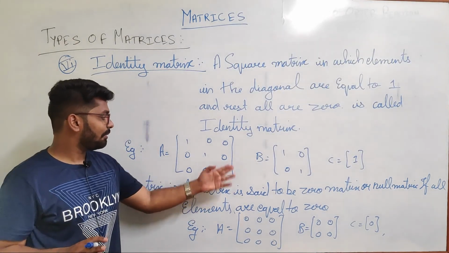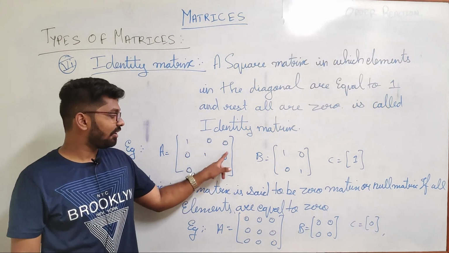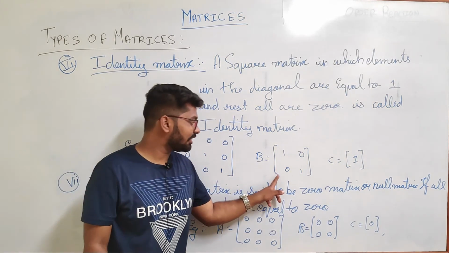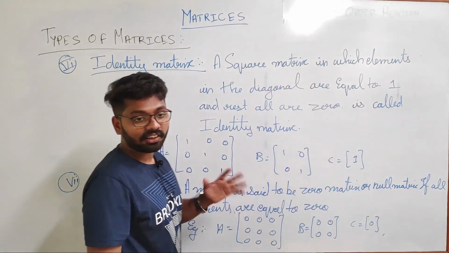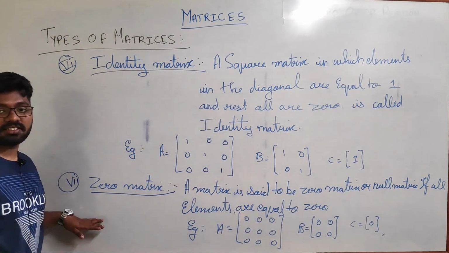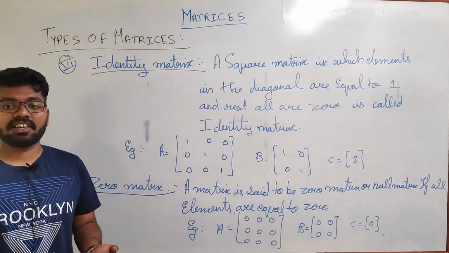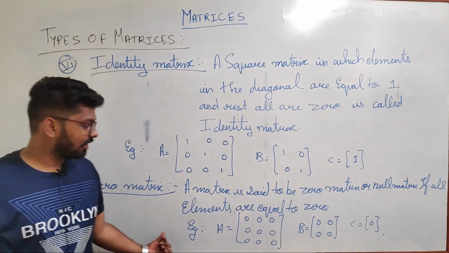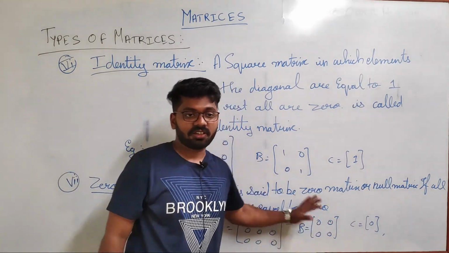So in this example, you can see all diagonal elements are 1 and non-diagonal elements are 0. In this example, diagonal 1 1, non-diagonal 0, diagonal 1, non-diagonal does not exist. So let us learn the next matrix, that is the 0 matrix. A matrix is said to be a 0 matrix if all its elements or entries are equal to 0. You can see here all the elements are equal to 0, then this is known as a 0 matrix.